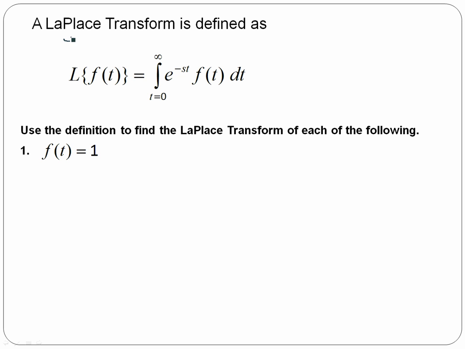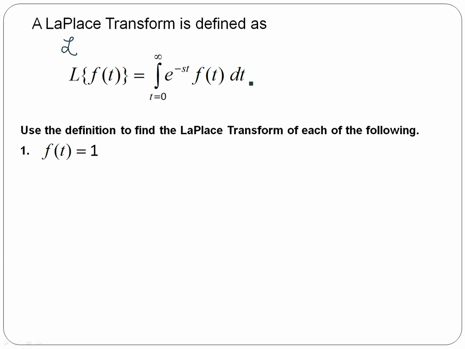Most of the time, this L is a fancy L. I couldn't find one when I was working with my equations, so here it just looks like an L. But most of the time it's a fancier looking L. L of some function of t is equal to an integral as t goes from 0 to infinity, e to the negative st times that function, and you're integrating with respect to t.